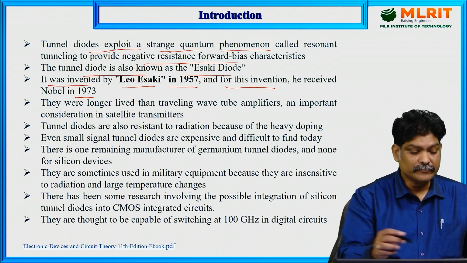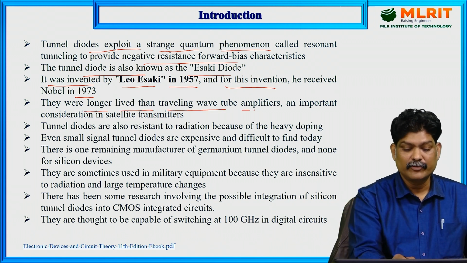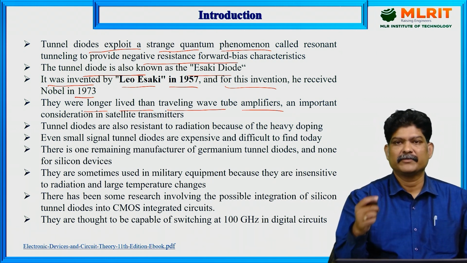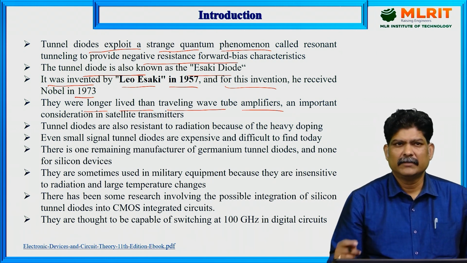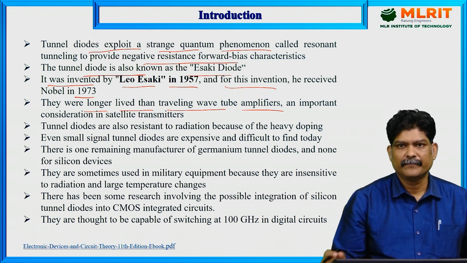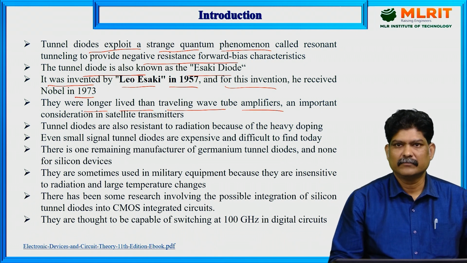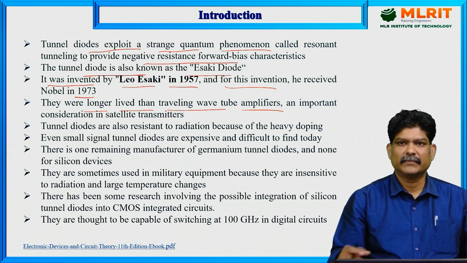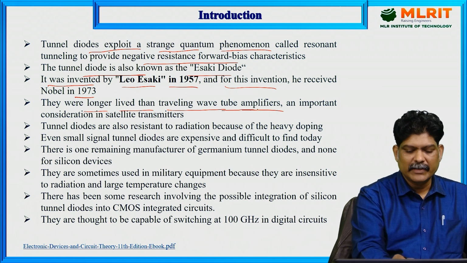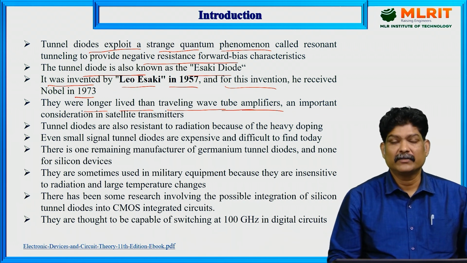They were longer lived than traveling wave tube amplifiers. In olden days, traveling wave tubes were used to amplify a signal. However, traveling wave tubes required more space, and although the gain is more compared to other components, space is the biggest problem, and noise is also more.